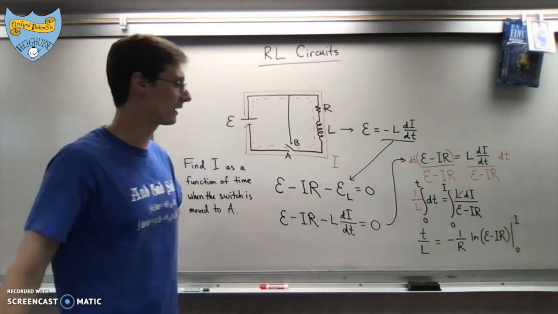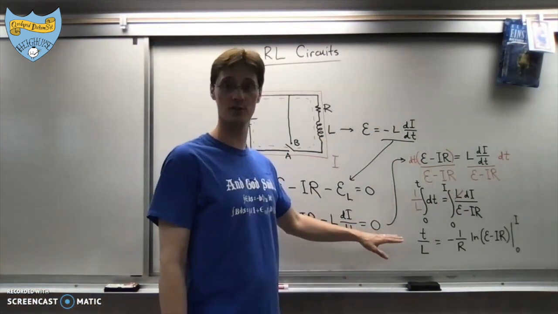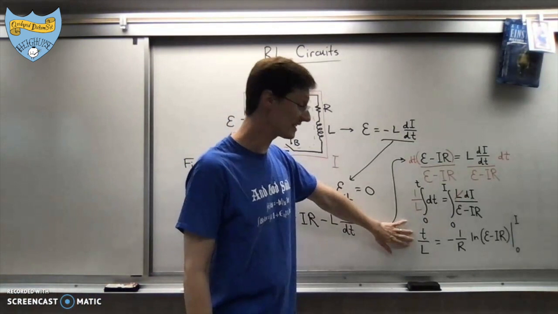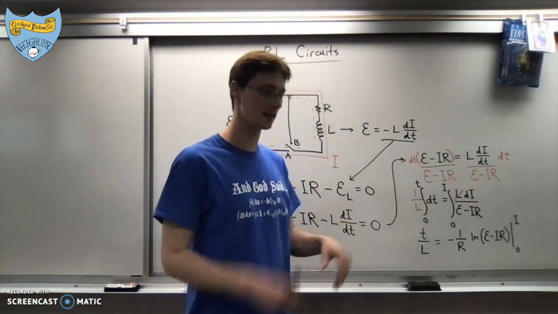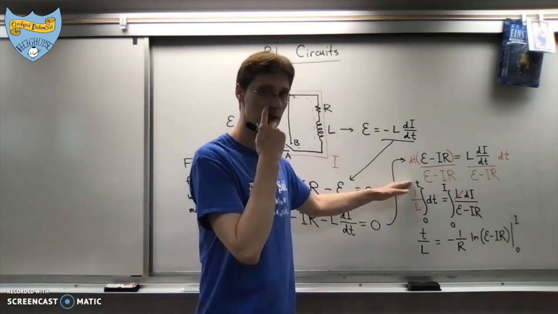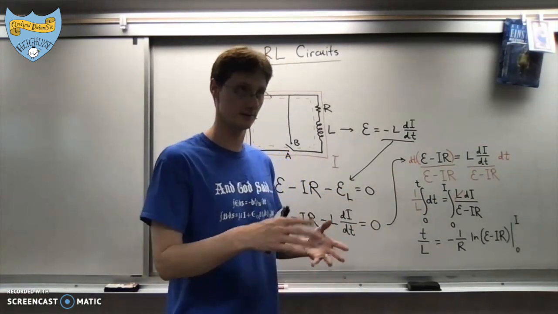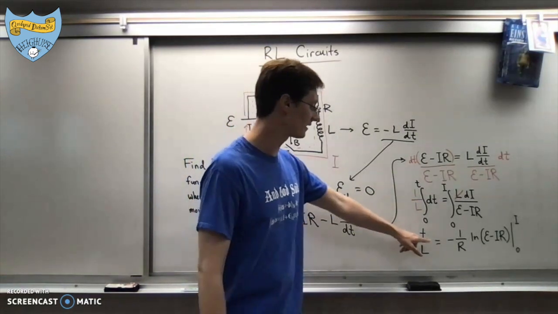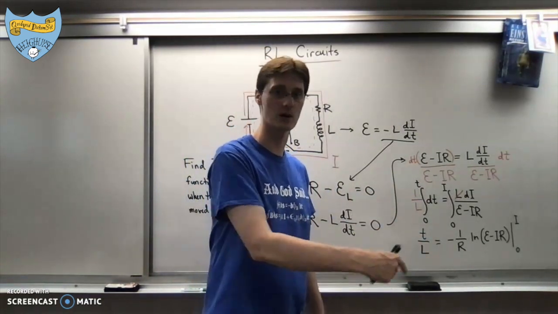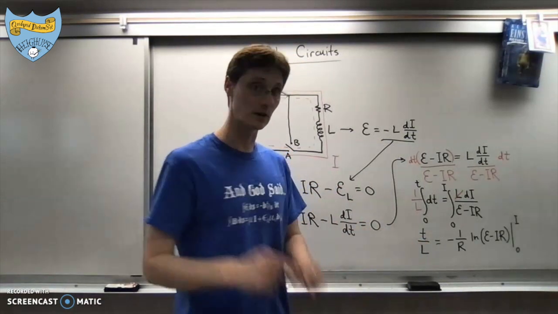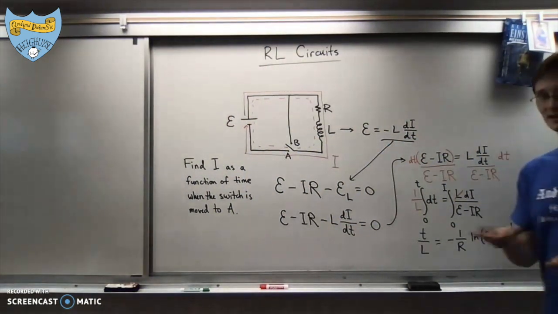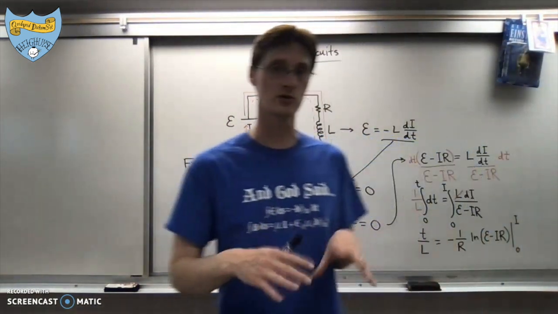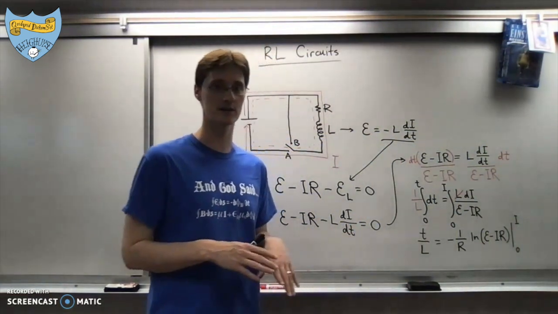At this point I would like to note that you have to make sure to plug in bounds. I already plugged in bounds on the left, integrating dt to t, plugging in t for the top bound and 0 for the bottom bound. I didn't feel it necessary to write minus 0 on this side. However, because we integrated this to a natural log, plugging in 0 does not give you a result of 0, so you do have to plug in that bottom bound of 0.